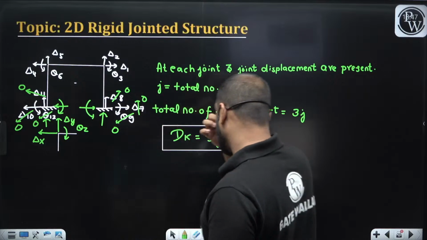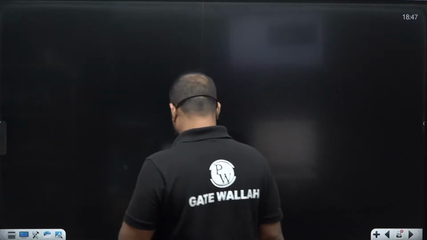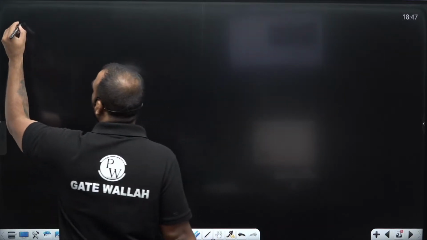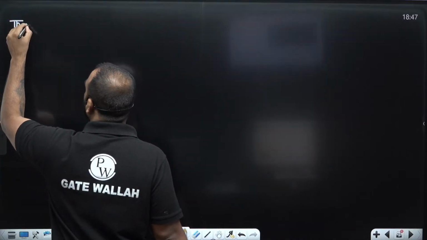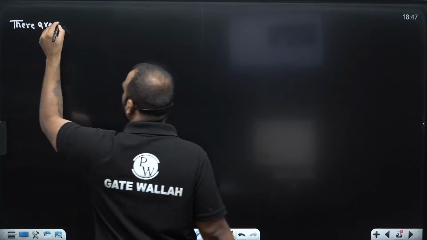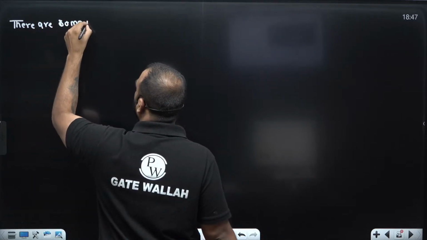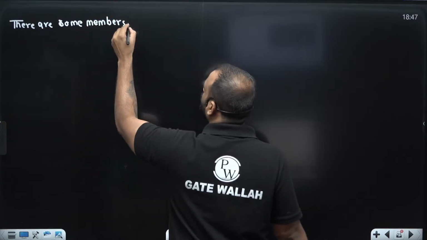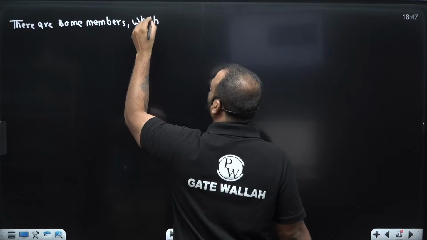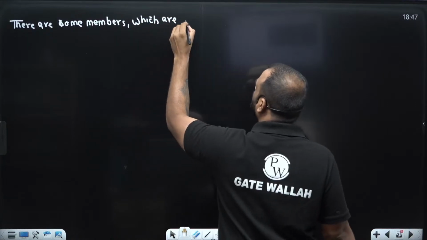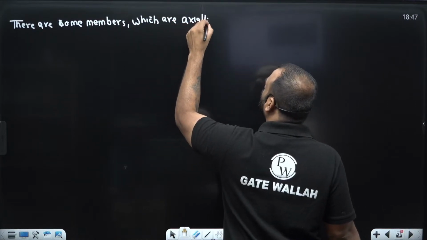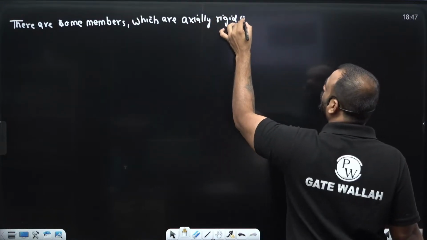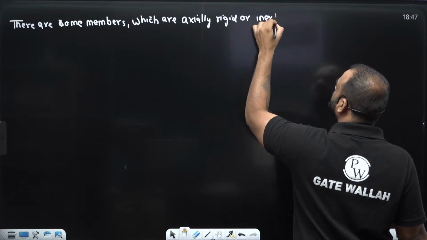In the second condition, guys, let us suppose there are some members which are axially rigid or inextensible.